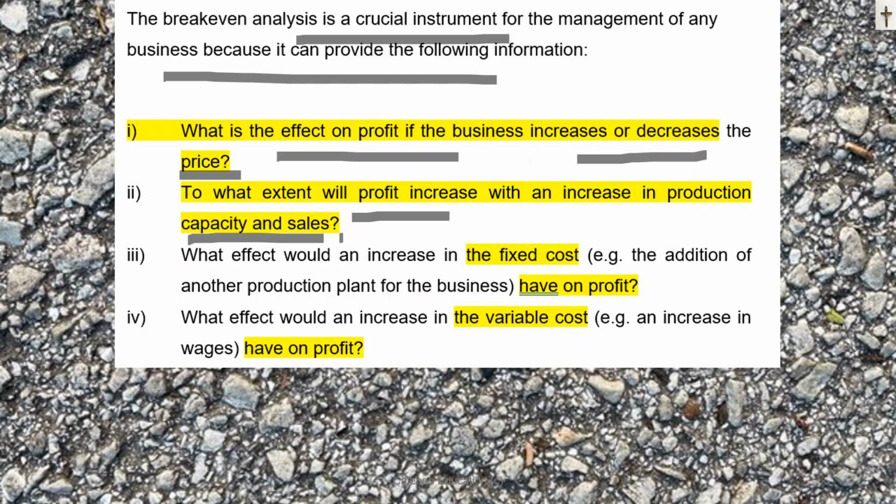What effect will an increase in the fixed cost of running the business have? What happens if there is a change in a fixed cost, for example, the rent of the building increases? What effect will that have on profit? What effect will a change in the variable cost have? Let's say, for example, the more items you produce, there might be a variable cost, for example, more wages need to be paid as you need more staff. What effect will that have on profit?